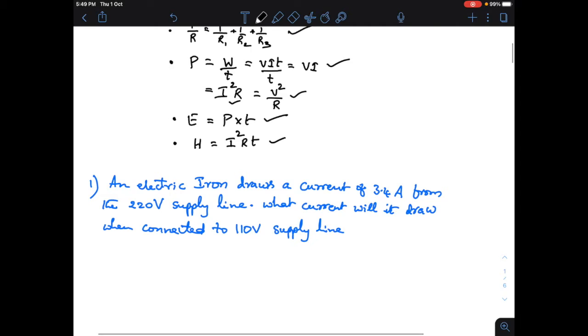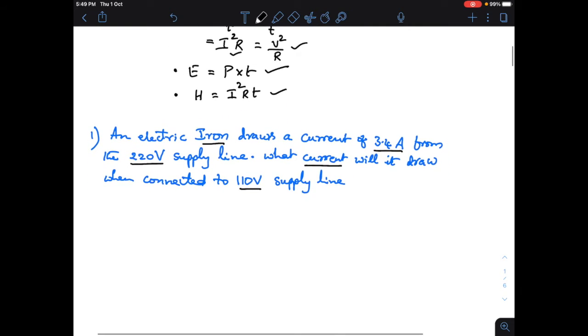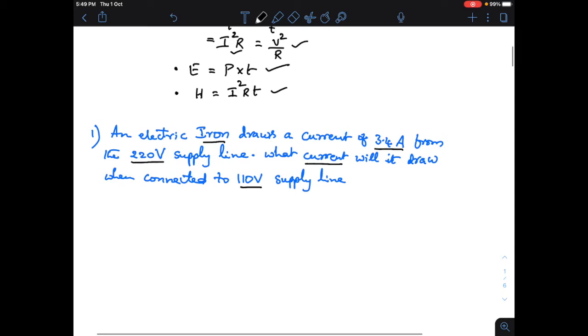The first problem. An electric iron draws a current of 3.4 amperes from a 220 volts supply line. What current will it draw when connected to a 110 volts supply line? So first we have to calculate the resistance. What is the given data? Let us identify.